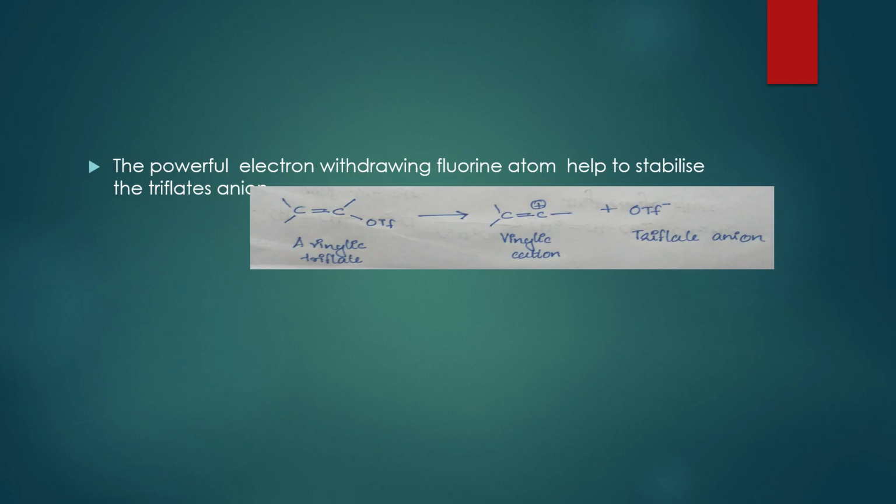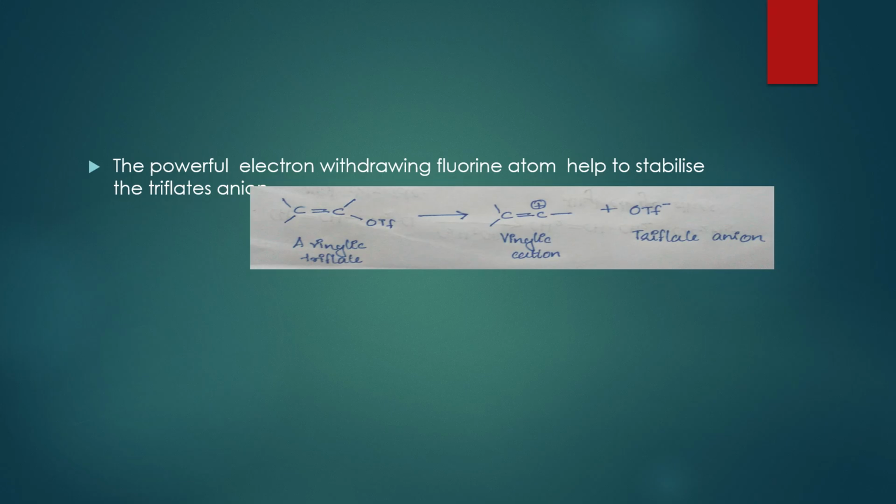So this is the reaction showing nucleophilic substitution of a vinylic triflate. From this vinylic triflate, the triflate anion easily comes out as OTf minus and a vinylic cation is formed. Once this vinylic cation is formed, it can immediately combine with the nucleophile. We know the SN1 reaction depends on the stability of the carbocation, and the slow rate determining step is the first step, the heterolysis of the carbon-leaving group bond.